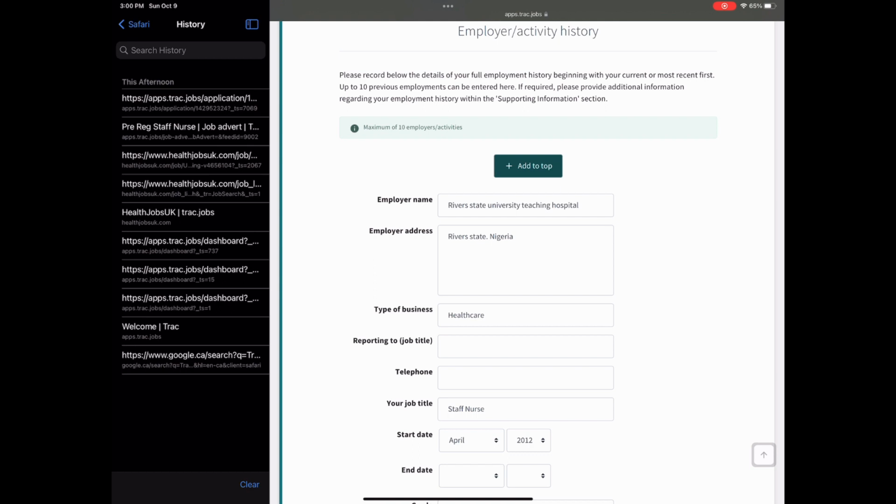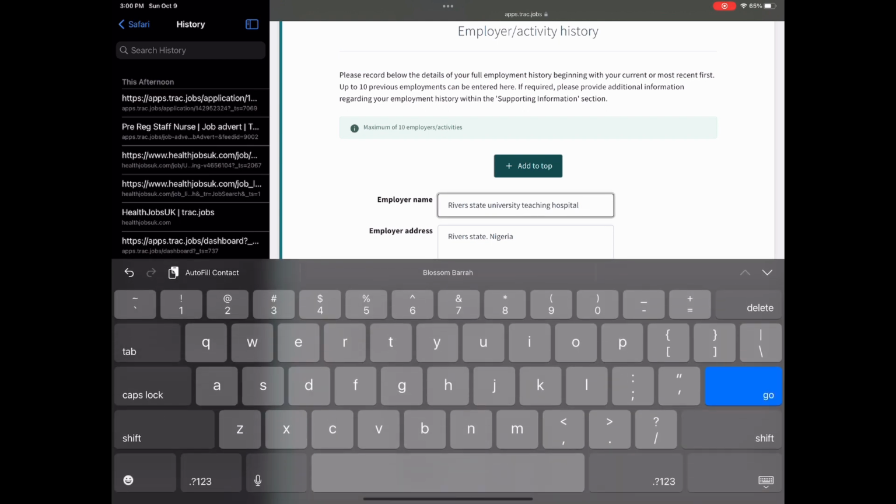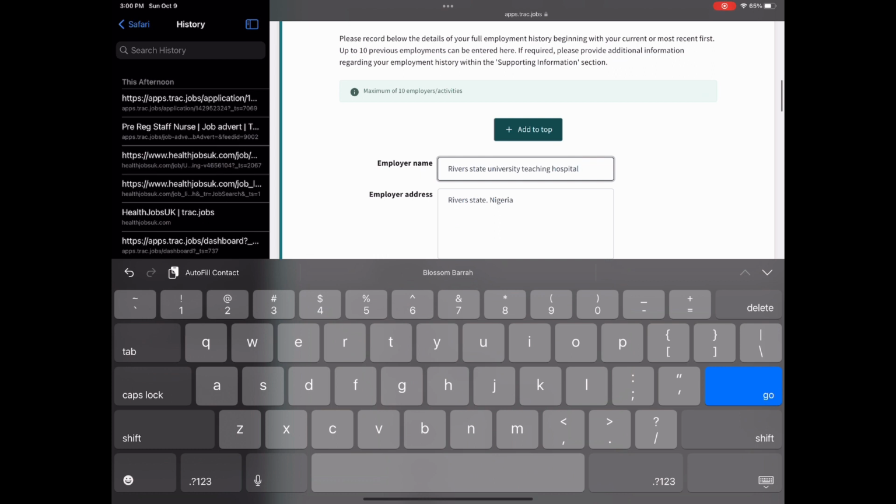Now, the employer name. Some people end up putting Dr. Nnamdi, Dr. this, Dr. that. No, they're asking about the name of the hospital where you work. So now you put River State University Teaching Hospital. And then under the address, just put in River State, Nigeria suffices.